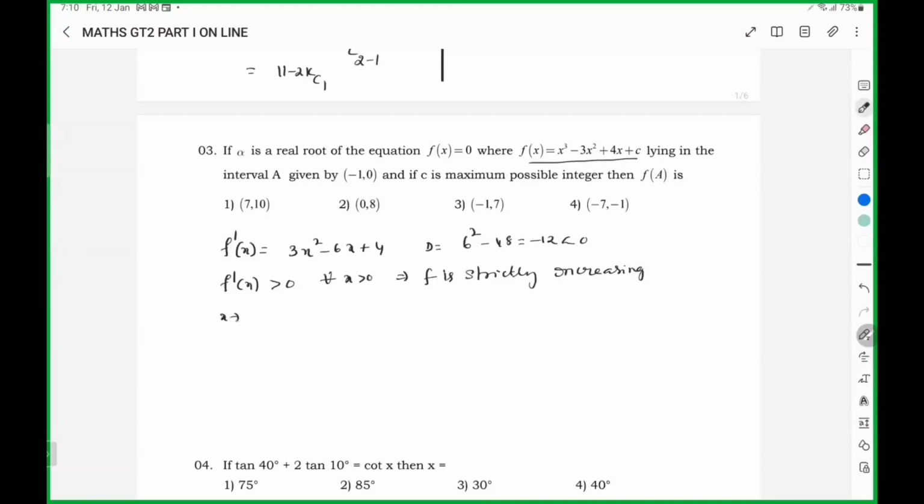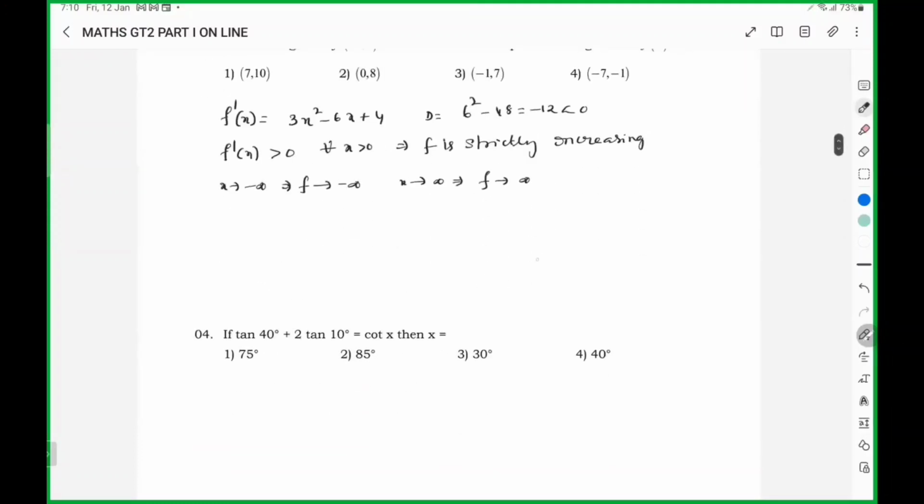As x approaches minus infinity, f approaches minus infinity, and as x approaches infinity, f approaches infinity. So the graph crosses the x-axis.